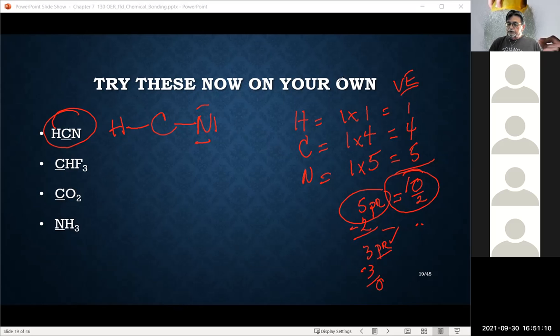Each bond represents 2 electrons, so I have a total of 4 electrons around carbon right now, the way it's written, which violates the octet rule because it needs 8, okay? Nitrogen's happy, hydrogen's happy, carbon is not, okay? I cannot magically add any more electrons because I have a total of 10 electrons or 5 pair to work with.